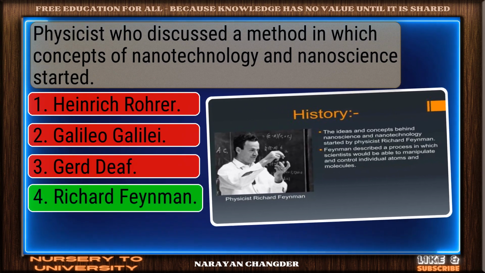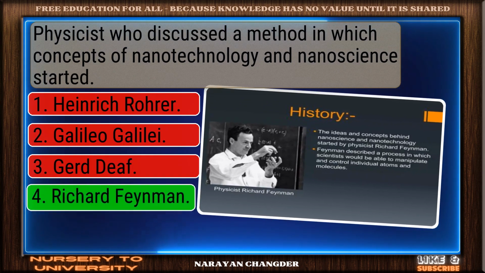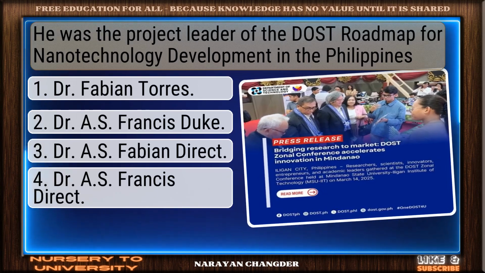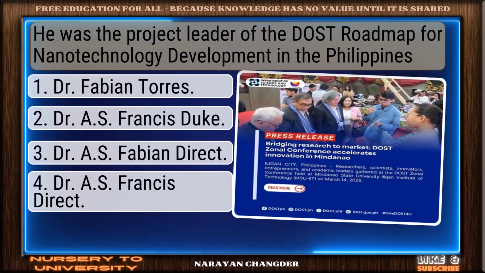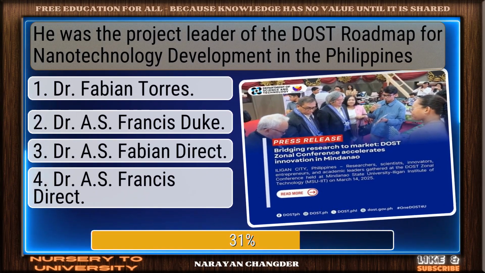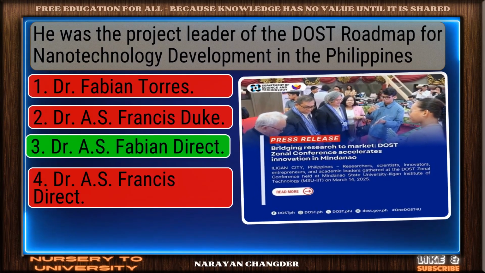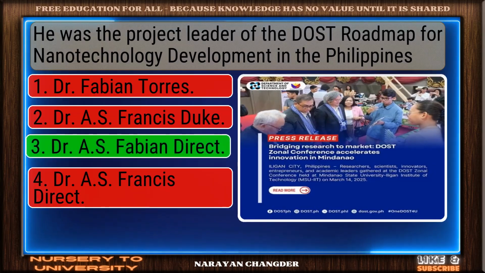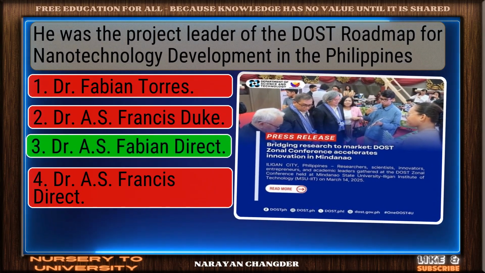Smart pick. Richard Feynman is the correct choice. He was the project leader of the DOST roadmap for nanotechnology development in the Philippines. Perfect. Dr. Fabian is the correct choice.